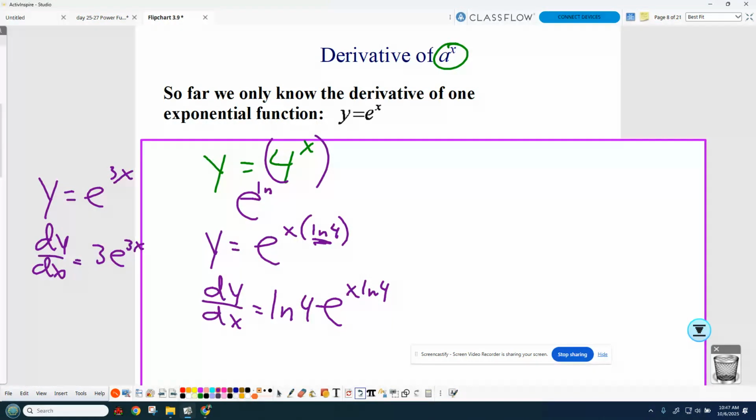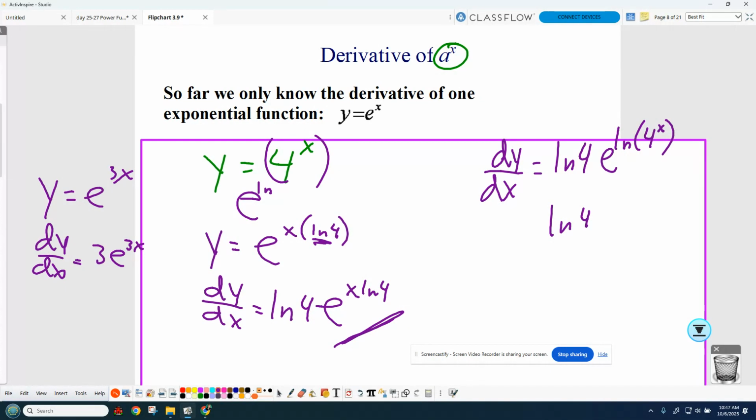Okay, and now I don't like this business over here. Natural log of 4, and I'm going to turn this back into what it was. All right, so the derivative of a to the stuff is a to the stuff times derivative of stuff.